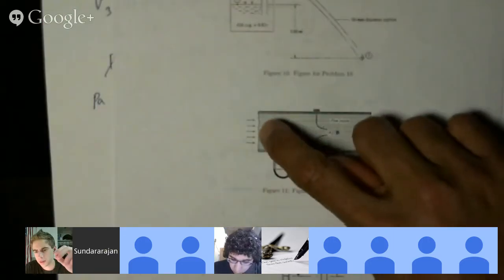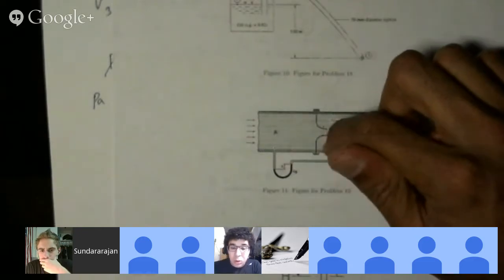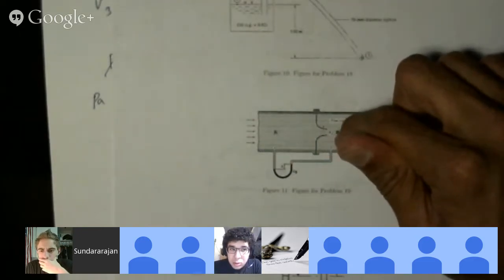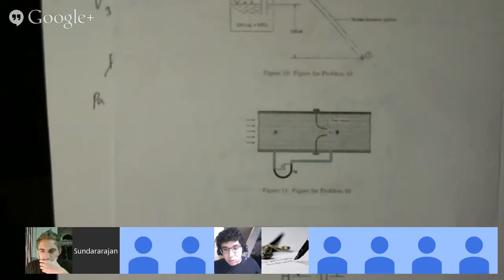The reason the manometer is different is because as it goes through the smaller diameter, the pressure decreases as the velocity increases, right? The other way around, hold on. As the area decreases, so the diameter decreases, what happens to velocity? Goes up. What happens to the pressure? Goes down.